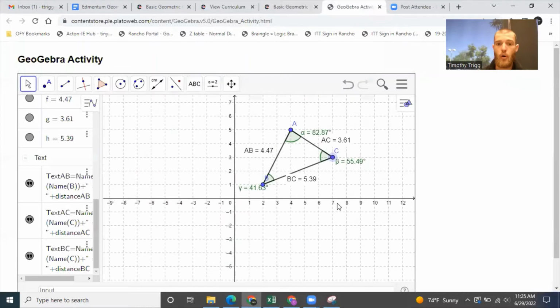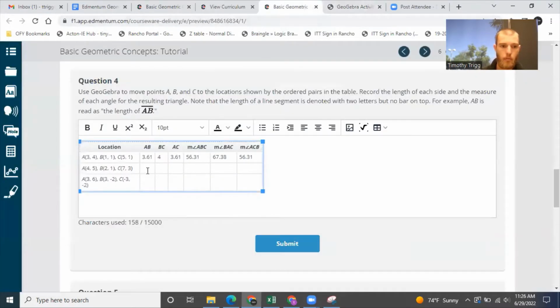So I want you to go ahead and record the side lengths and angle measures that you see right here. You may need to pause the video, record the side lengths and angles that you see from that picture.